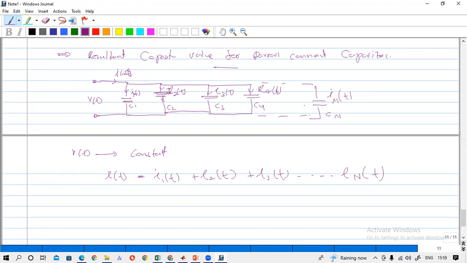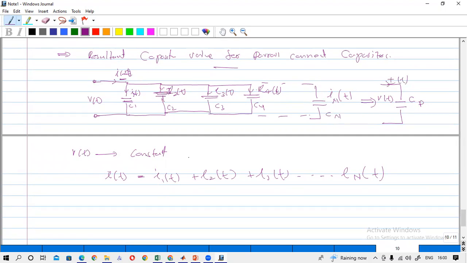If you consider a resultant one, this is the resultant parallel one, let's say it is CP. This VT is the same and the total current is also the same, IT.